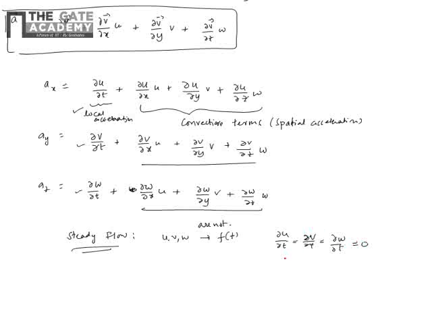These are all local or temporal time-dependent terms, and they will be zero for steady flow. So for steady flow you'll have only the three spatial acceleration terms. This is how you express the acceleration field in terms of the velocity field, the velocity components u, v, w.